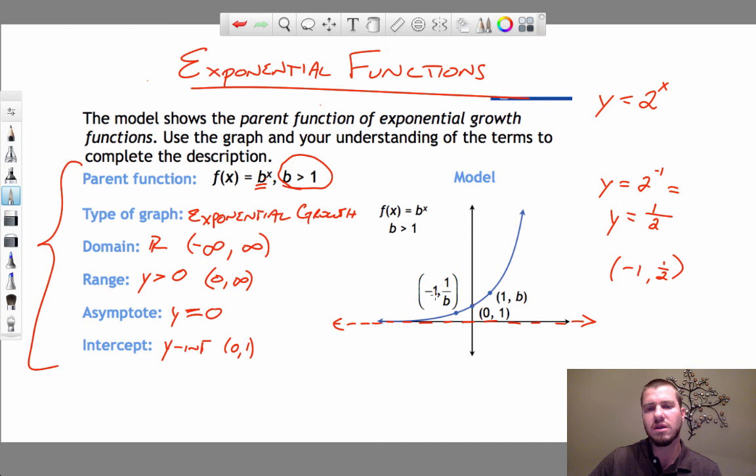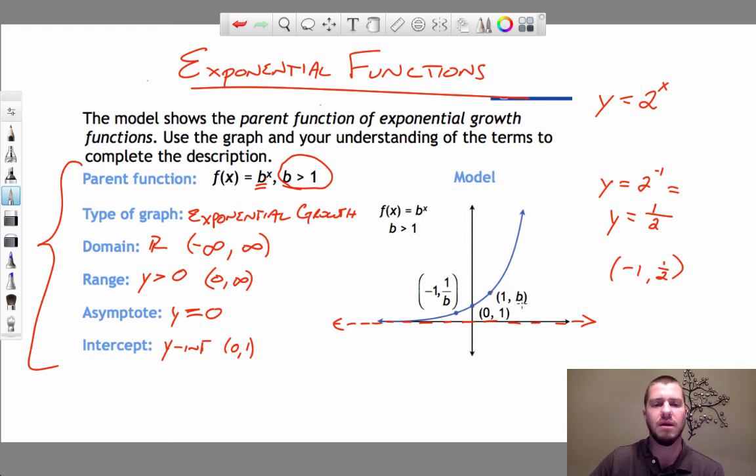So you're always going to have the point (-1, 1/b), the point (0, 1), and the point (1, b). Because if I plug in 1, that b doesn't change, it's raised to 1, so it's itself. So these are the 3 points to pay attention to: (-1, 1/b), (0, 1), and (1, b).